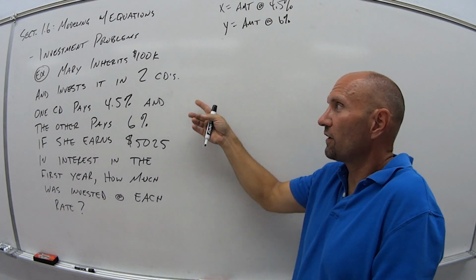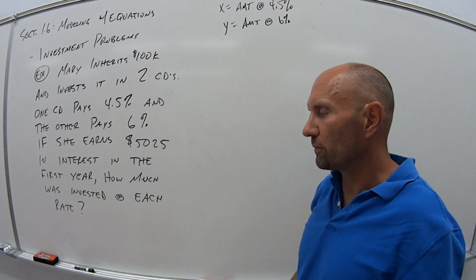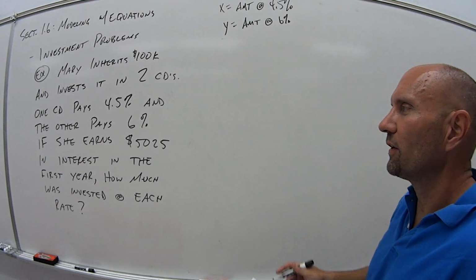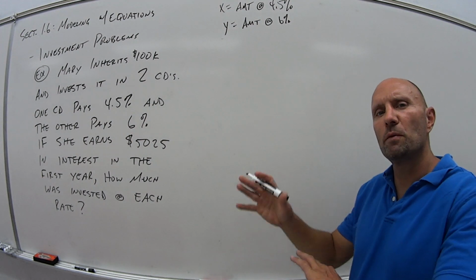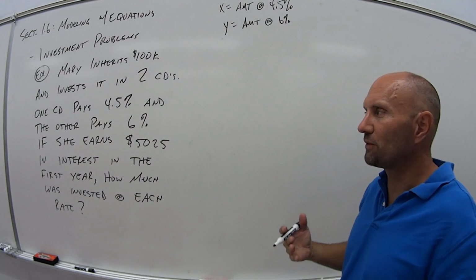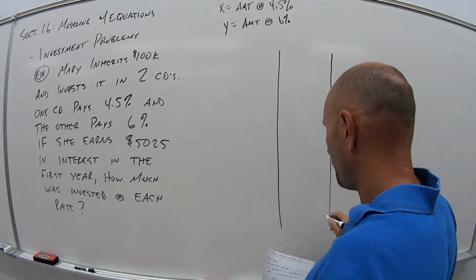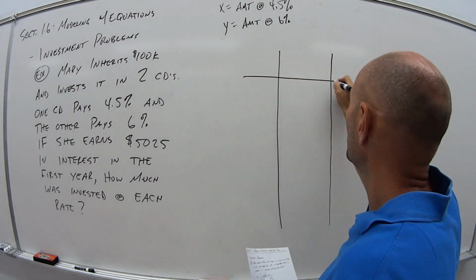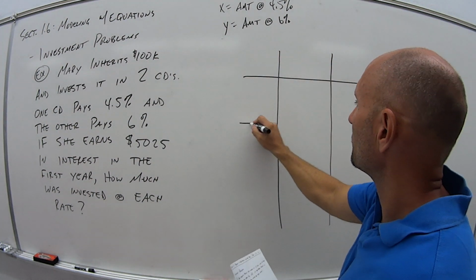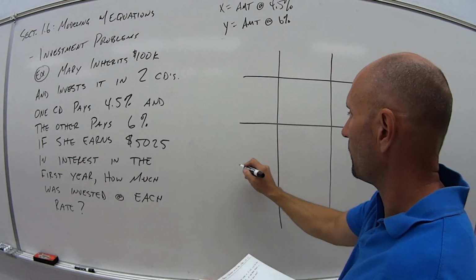We have 2 investments, so we need 2 variables. Now, as I said, with investment problems and mixture problems, we can set up a table. And the table is the exact same for both types of problems. The only difference is the information we're putting into the table.